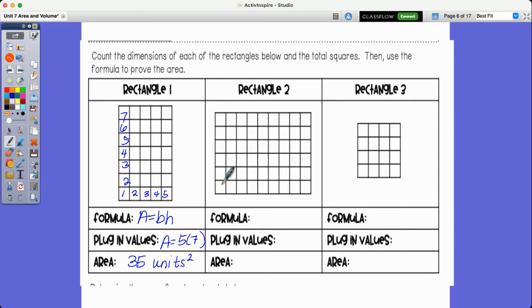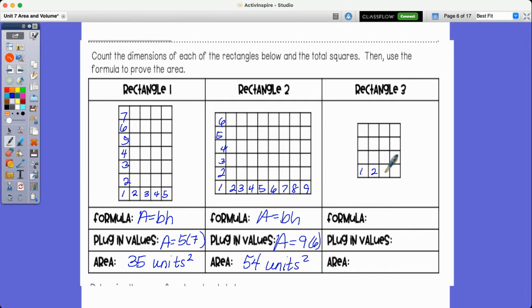How about this one right here? 1, 2, 3, 4, 5, 6, 7, 8, 9. And 1, 2, 3, 4, 5, 6. So I plug in my values and I get 9 times 6. And 9 times 6 is 54 square units.